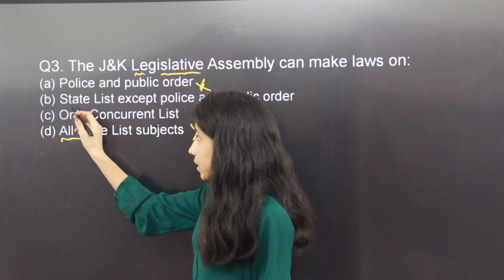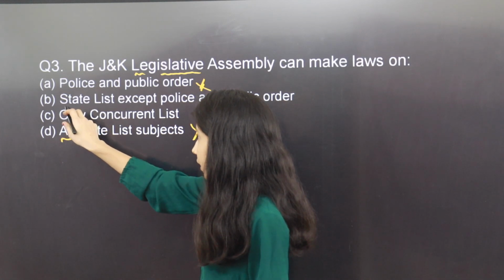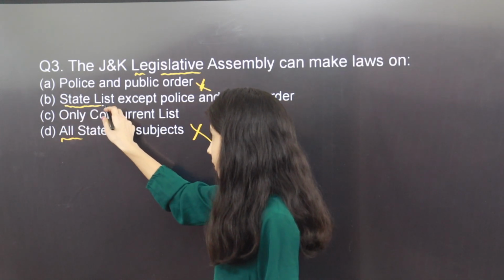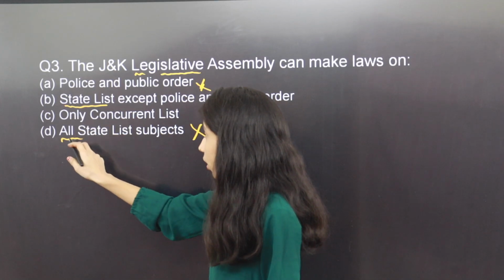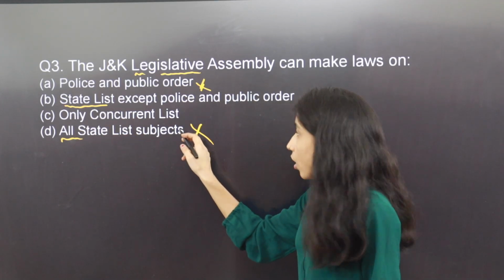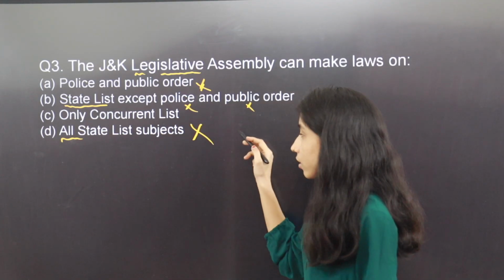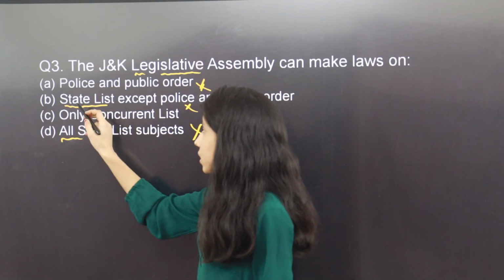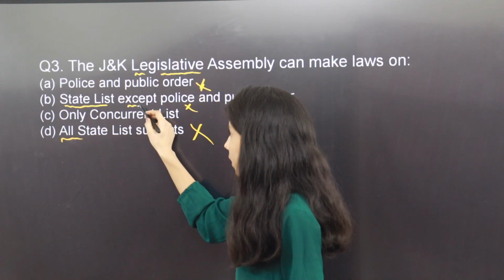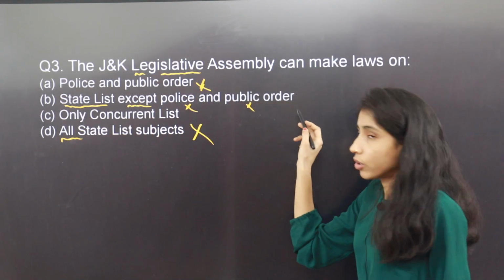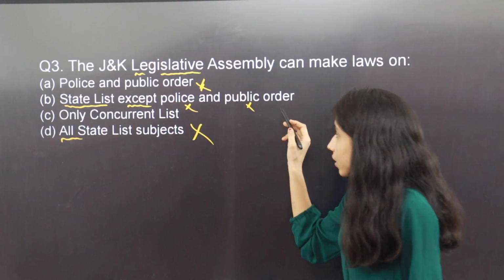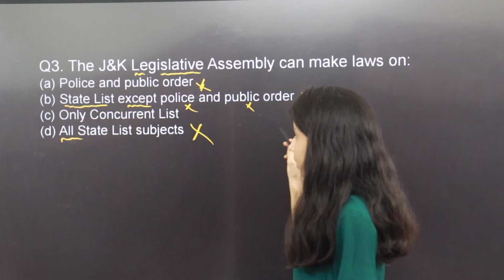The J&K Legislative Assembly can make laws on the state list, but not all state list subjects. It cannot make laws on police and public order. So the correct option is the state list except police and public order. So B is the correct option.